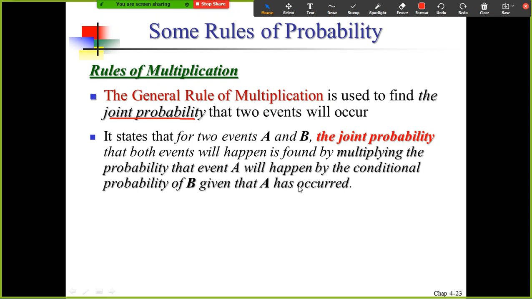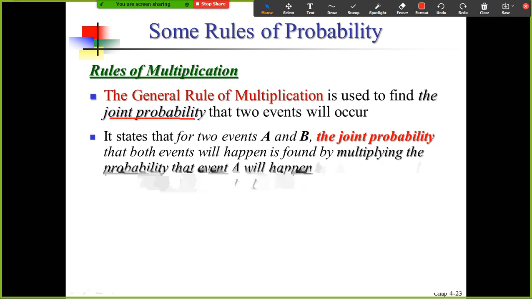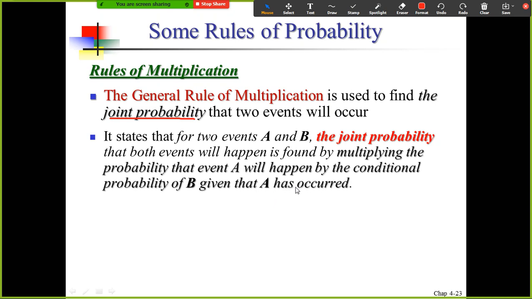Has occurred means A already happened, in the past, not now. Now is B. So be careful with that one.